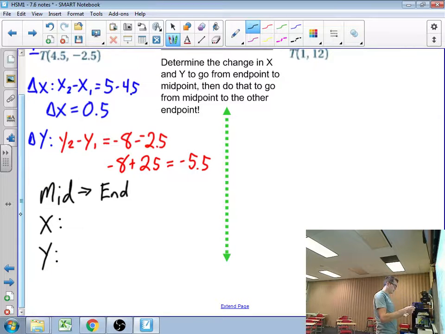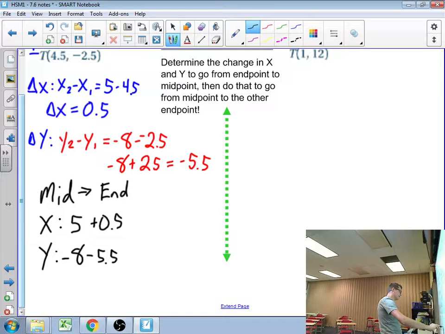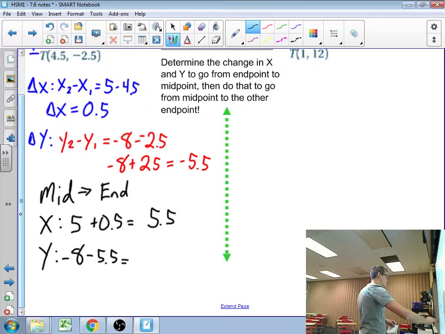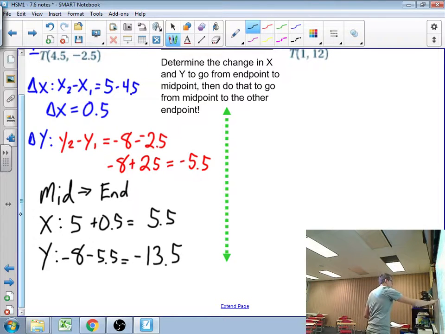My midpoint was at 5, -8. 5 needs to have 0.5 added to it. Sorry, -8 needs to go down by 5.5. So now my new x value becomes 5.5. My new y value becomes -13.5. So we were looking for point S.